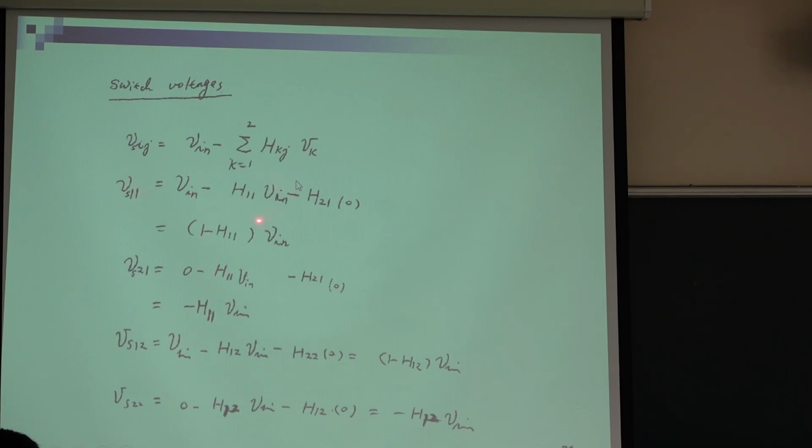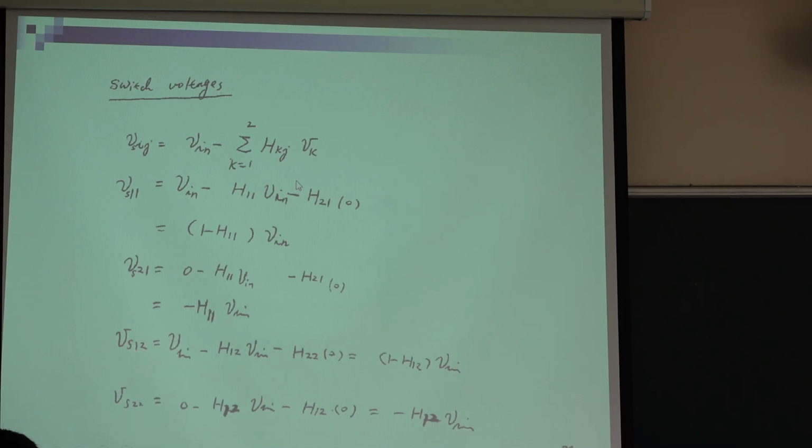How about this one? This is 1 or 0. So V is always positive. So you can see this is always positive. How about this one? This is minus. H11 is either 1 or 0. No negative. V is always positive. So this is always negative. How about S21?